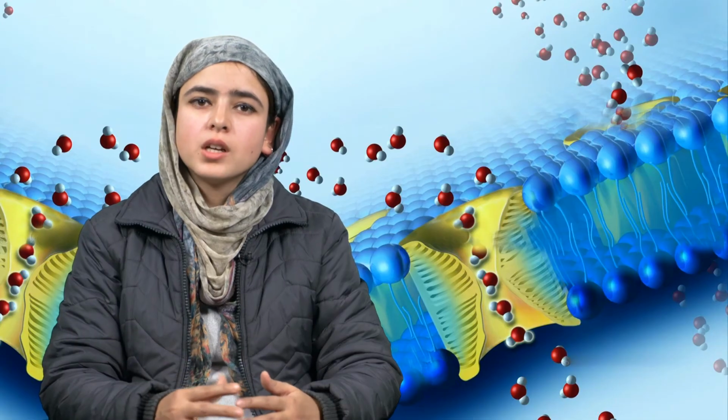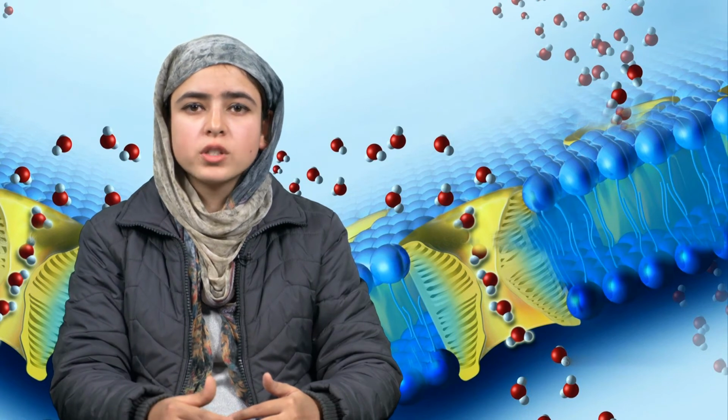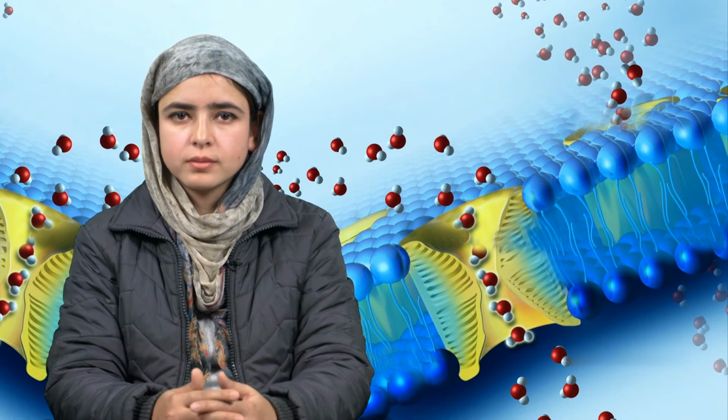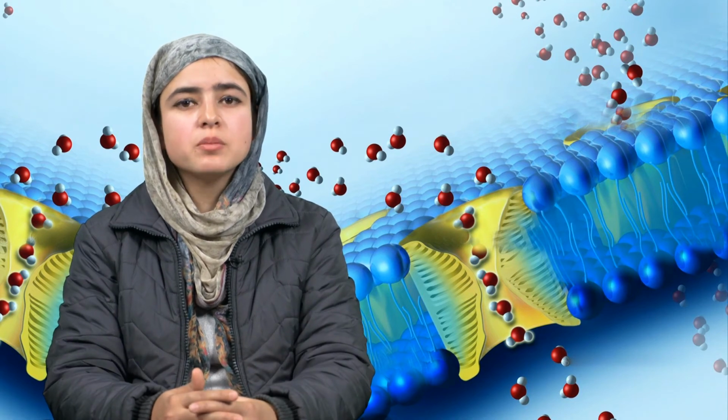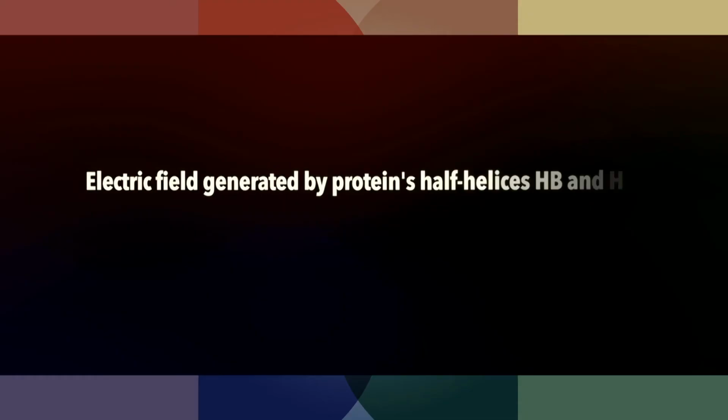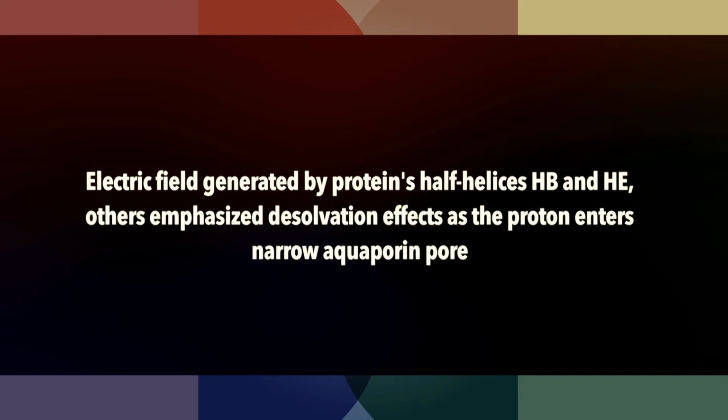At present, the origin of the electrostatic field is a matter of debate. While some studies mainly consider the electric field generated by the protein's half helices HB and HE, others emphasize dissolution effects as the proton enters the narrow aquaporin pore.